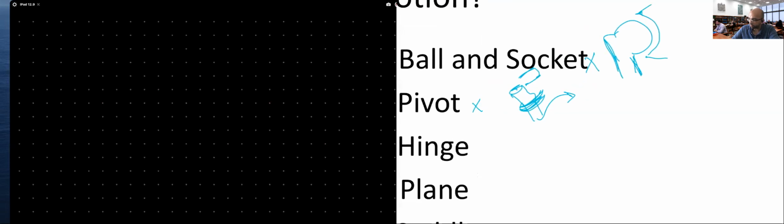It's a rounded surface articulating within a sleeve or a ring from another bone. This is my pivot joint. Hinge joint: a cylindrical shaped surface articulating within a concave surface. It allows flexion and extension, so it's not a hinge joint.